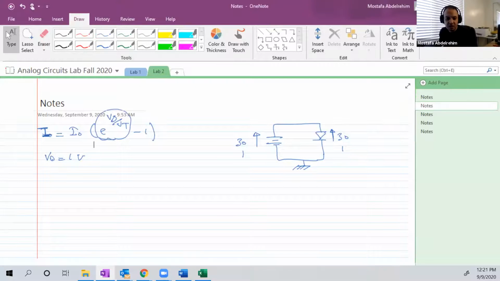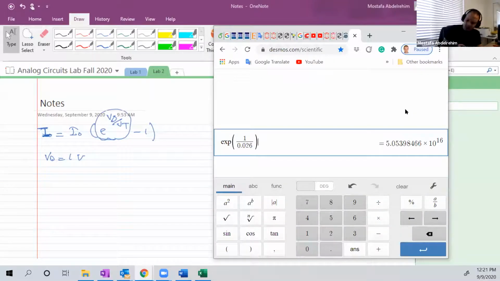So let's do it using the software, just a calculator online. You see, guys, my calculator now. So this is the exponential of 1 over 0.026. What is the value we see?